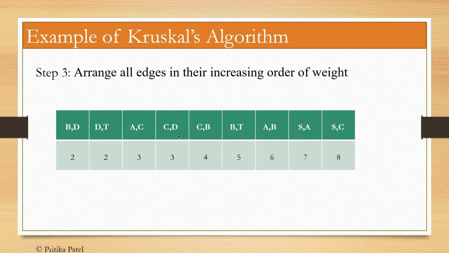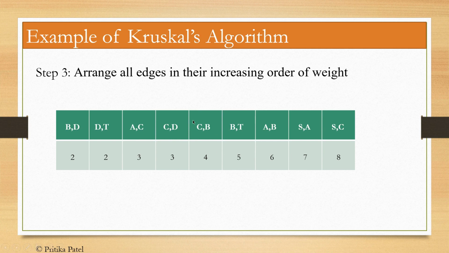Then C to D having weight 3. So now how many vertices are covered? B, D, T, A, C, right? These vertices are already covered. Now here C to B has weight 4, but C and B are both covered in previous edges, right?